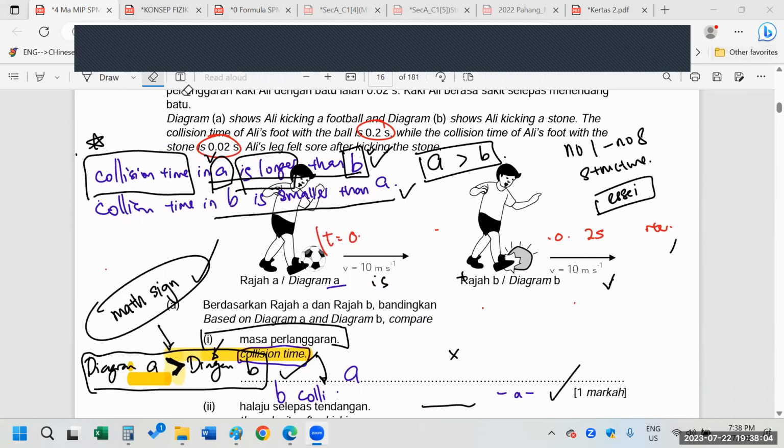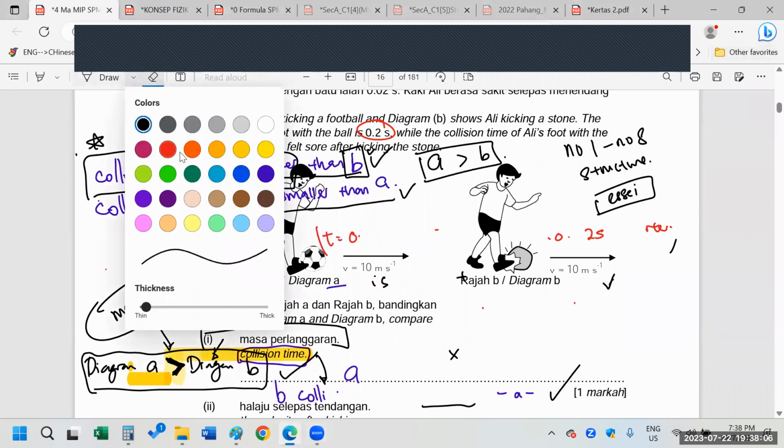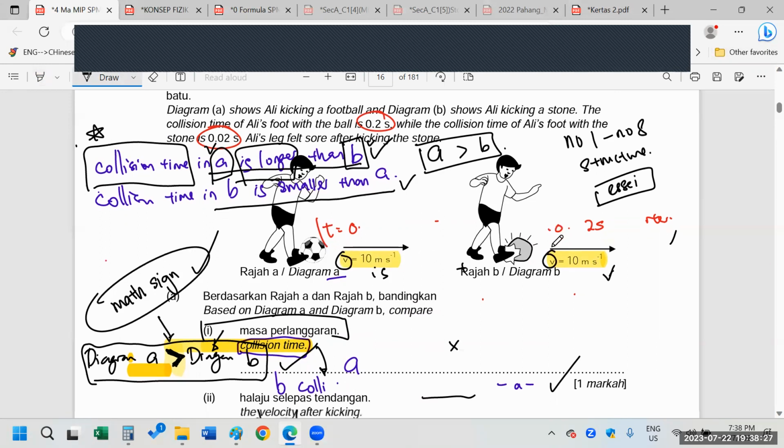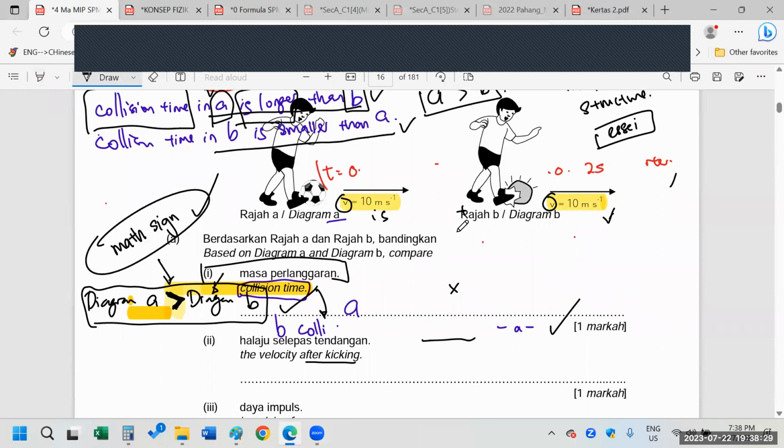But actually, I feel this question is not so clear. They must mention this in the sentence too. Actually, both of them have the same velocity after kicking.